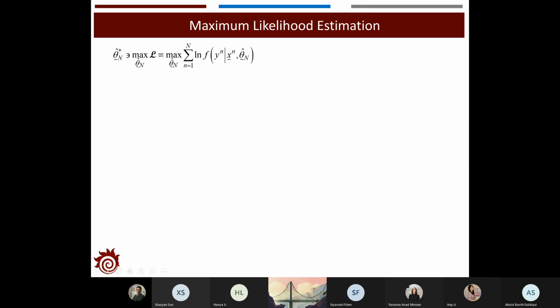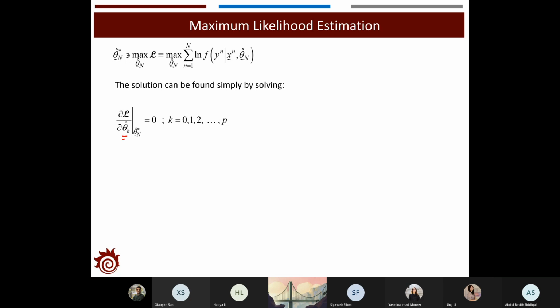Now I'm going to show you some details about how to use this log likelihood function to find the best value of theta. In order to find the best value of theta, we try to find the partial derivative with respect to each theta k.